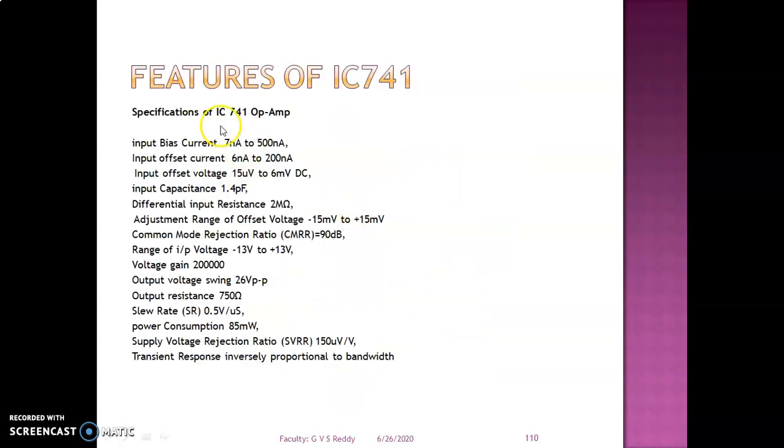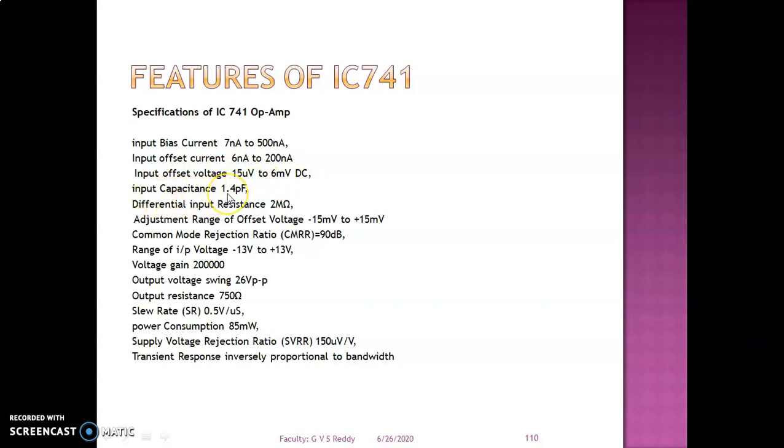Now the specifications of IC741. The input bias current for the 741 IC is 7 nanoamperes to 500 nanoamperes. Input offset current is 6 nanoamperes to 200 nanoamperes. And input offset voltage from 15 microvolts to 6 millivolts DC.